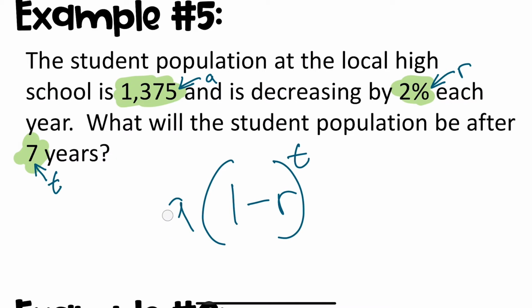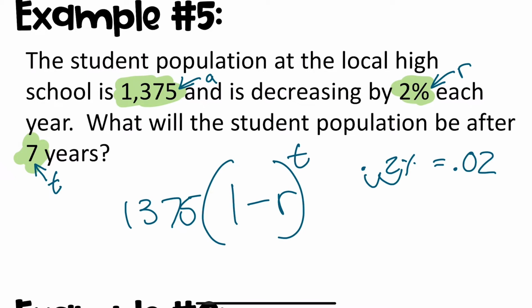So instead of a, I want my initial value, which we said was 1,375. Cool. I need my rate. We said that was 2%, but I got to change that into a decimal. So I'm going to go 1, 2. I got 0.02 instead of r. And then time t, our time was 7, so I'm going to plug in a 7.